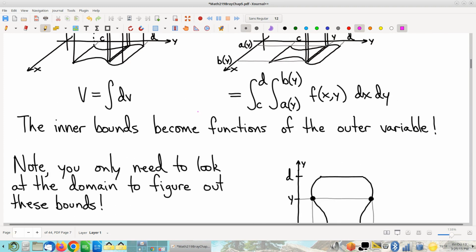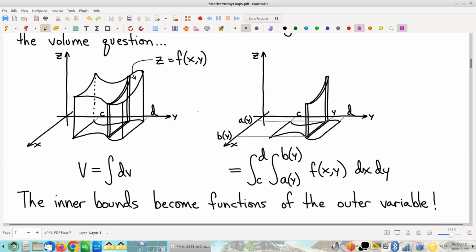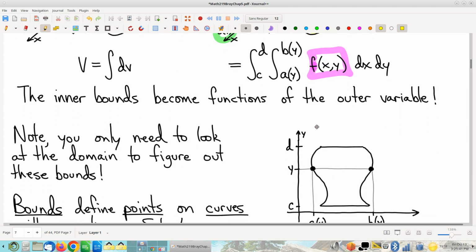Okay, so looking at this situation, I know what f is, right? Anything that has to do with height, in other words. I already know what that is. If I want to know how these bounds vary over this domain, all I really need to know is the shape of the domain. Nothing more. And so what I'm going to do then is come down here.